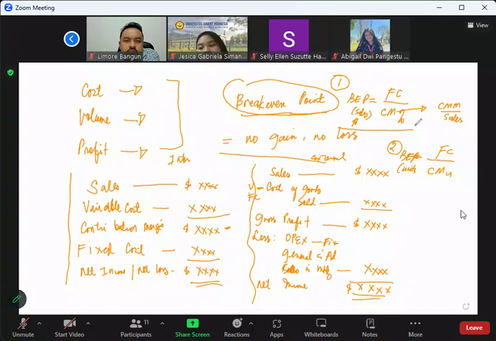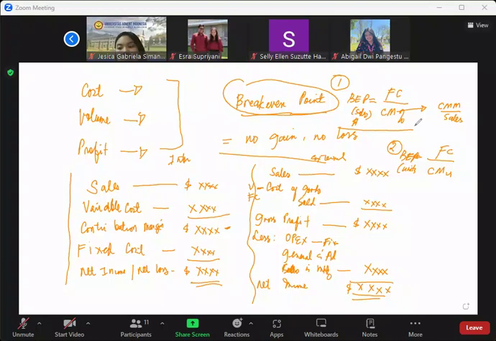Let's take a look at the example first. A very, very short example, because I'm going to ask you to get one manufacturing company from Bursa Efek Indonesia today and find the fixed cost. You identify which one is a fixed cost and which one is a variable cost. So you have to apply it here later.